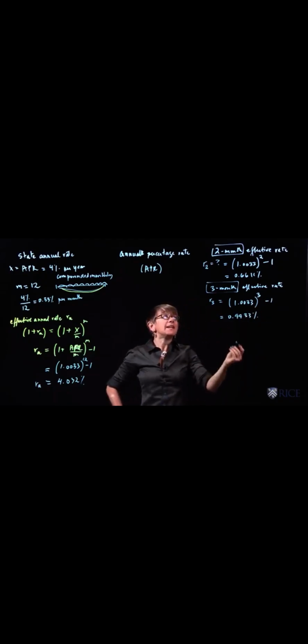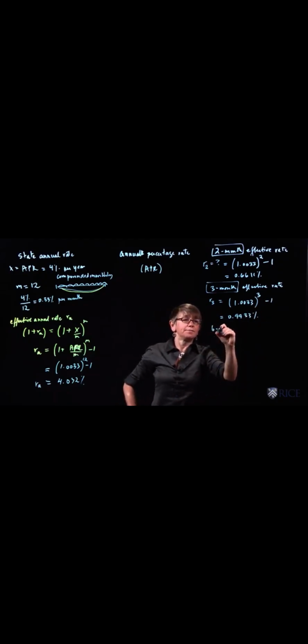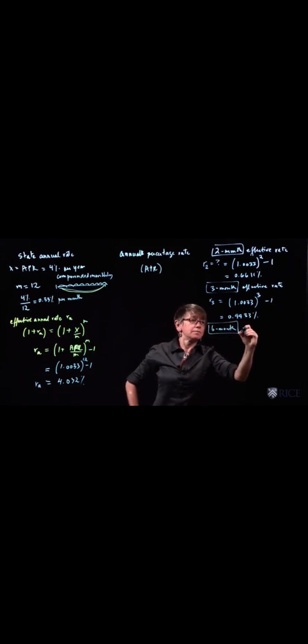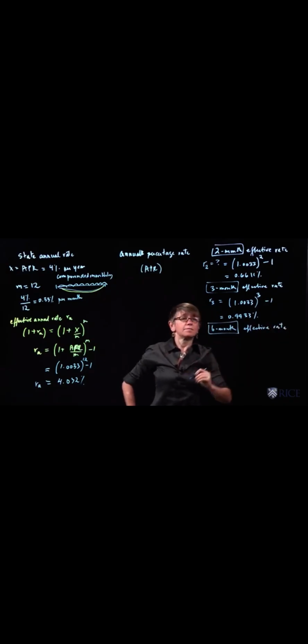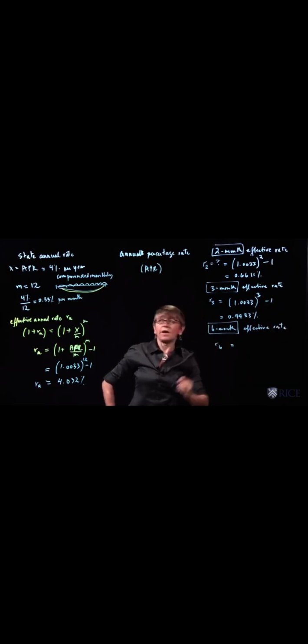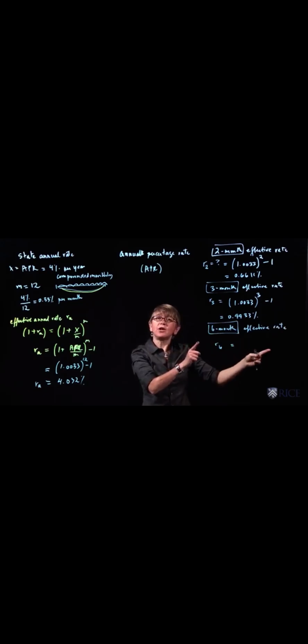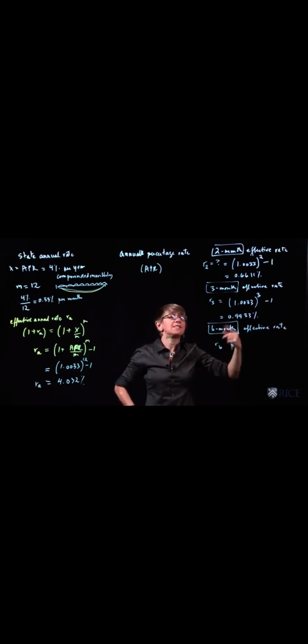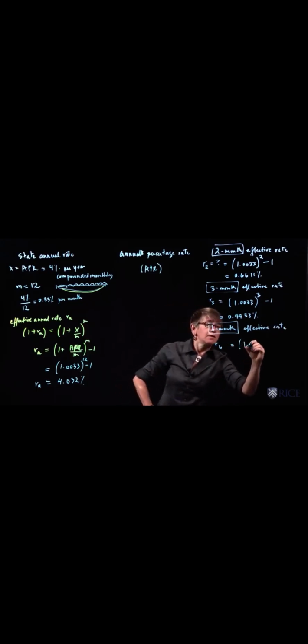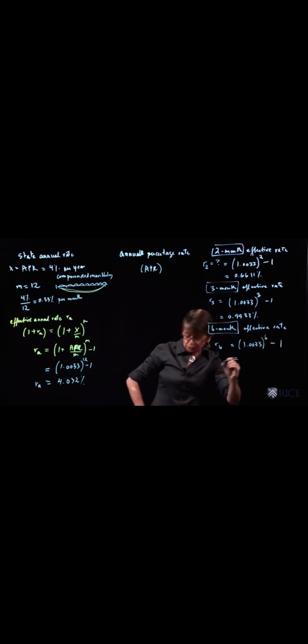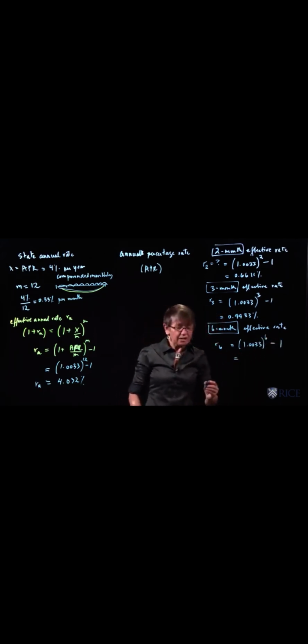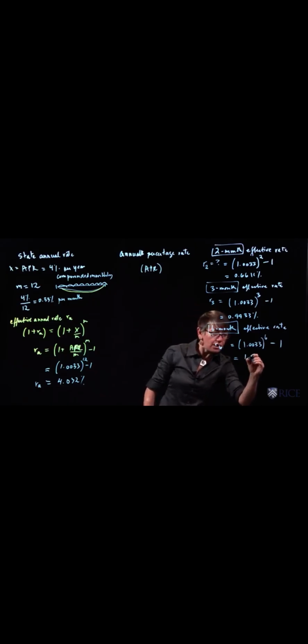What about the effective 6-month rate? Now how many times is it going to compound? It's going to compound 6 times, to the 6 minus 1. So that's going to give me 1.9964%.